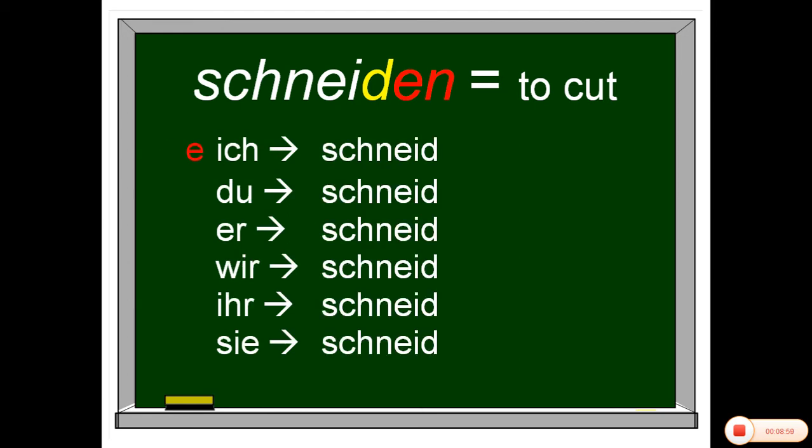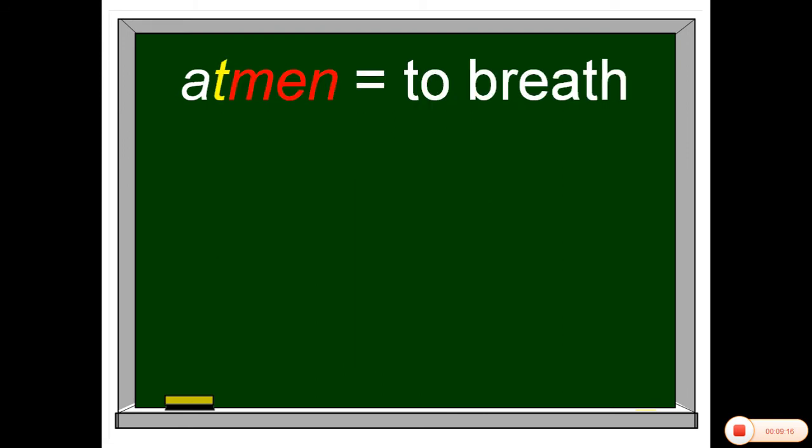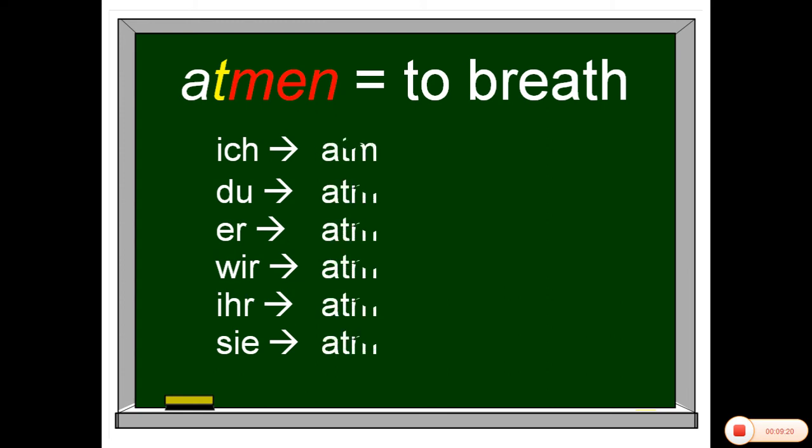Schneiden also ends with D. Schneiden, to cut. Ich schneide, du schneidest, sie schneidet, wir schneiden, ihr schneidet, sie und Sie schneiden. Atmen ends with M. So we need to conjugate it similarly.